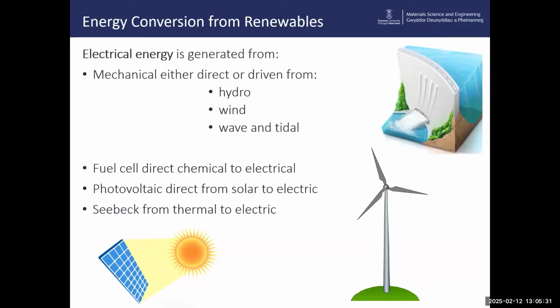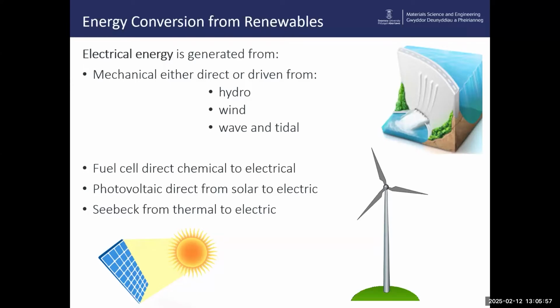Energy conversion from renewables. So we're going to focus mostly on electrical energy, and this is generated from mechanical energy, either directly or driven from hydro, wind, or wave and tidal. We also have energy, for example, batteries. These are fuel cells directly converting chemical energy into electrical energy.